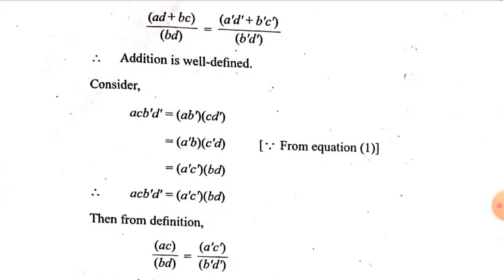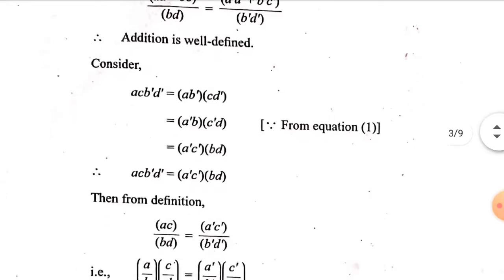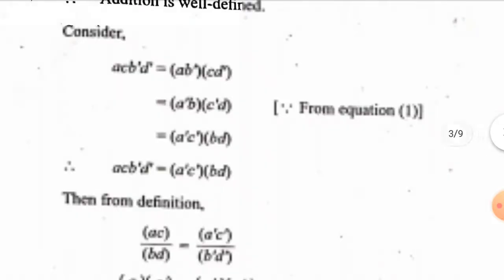For this, consider ac into b'd' equals, in ab' we are writing in the bracket and cd' in the other bracket. ab' can be written as a'b, cd' can be written as c'd. Now a'c' in the bracket and bd in the other bracket.